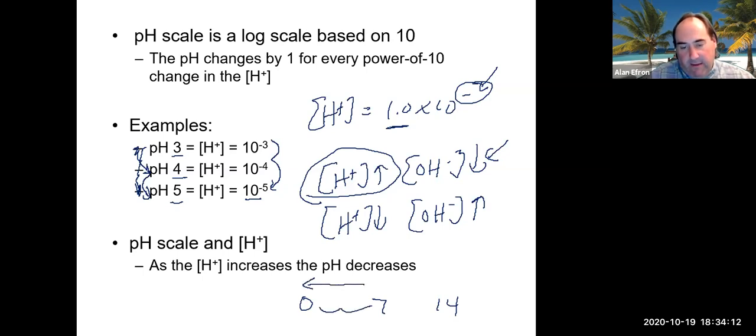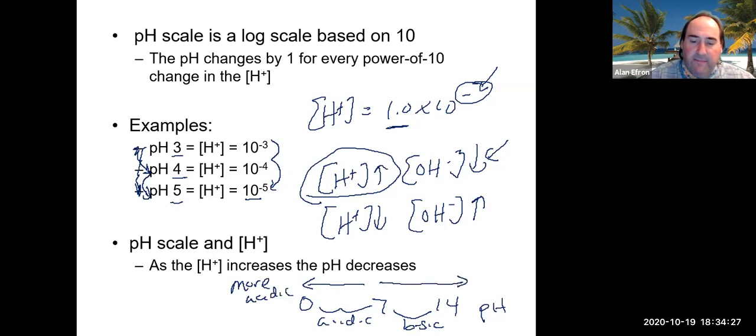And remember that on the pH scale, below 7 is acidic, above 7 is basic. As you go from 7 towards 0, it becomes more acidic. As you go from 7 towards 14, it becomes more basic. So 7 is your center point, where it's neutral. As you go away from 7 in both directions, it becomes more acidic or basic, depending on which way you're going. Any questions on that there?